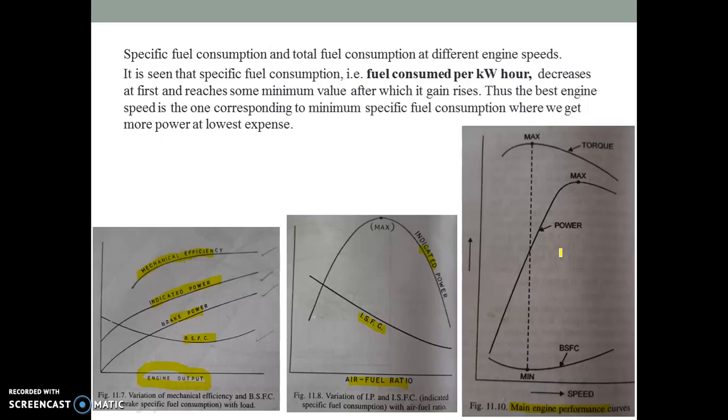Also, the minimum of this curve occurs nearly at the same engine RPM as the maximum of the torque curve.